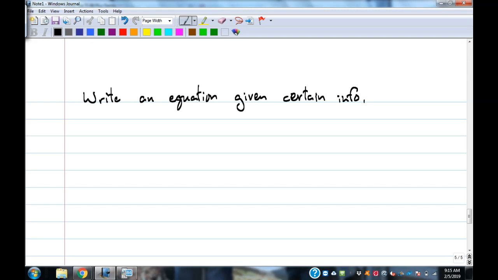They can give you 3 random points and say it's on a quadratic. We're not going to do that in this section. There's a later method we'll talk about later on in chapter 12, I think, that we'll do that sort of stuff with. What you're going to get in this section is they're going to give you 2 x-intercepts and 1 other point.